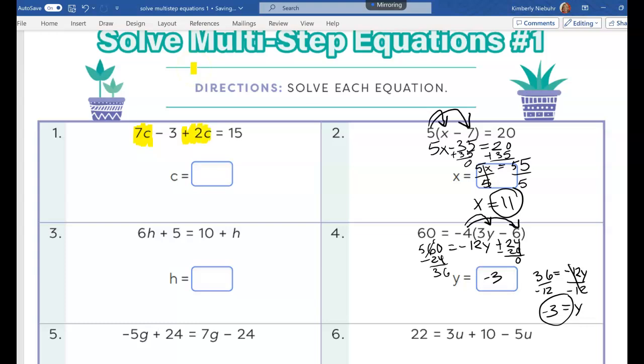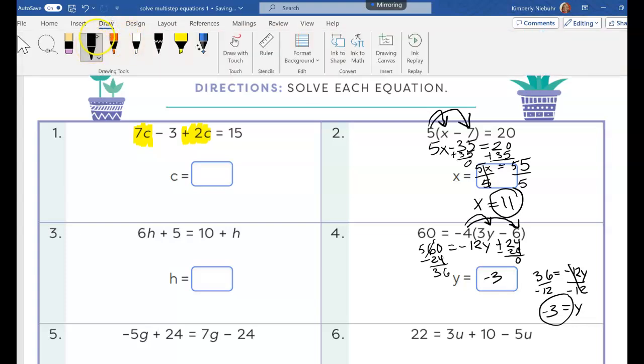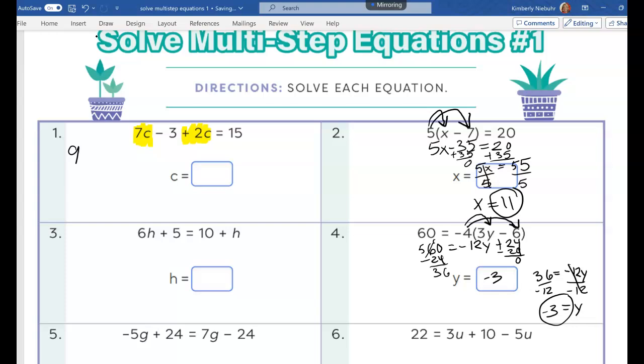All right, 7c plus 2c would give us 9c. And then we have negative 3 or minus 3 equals 15.